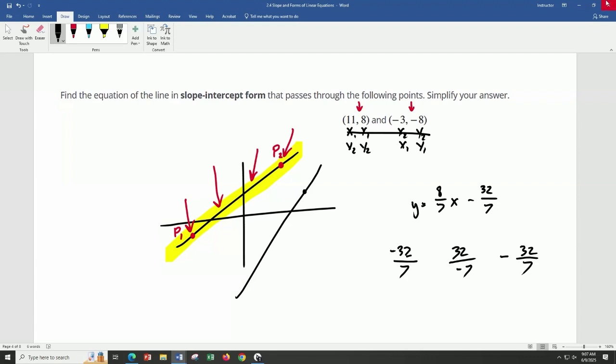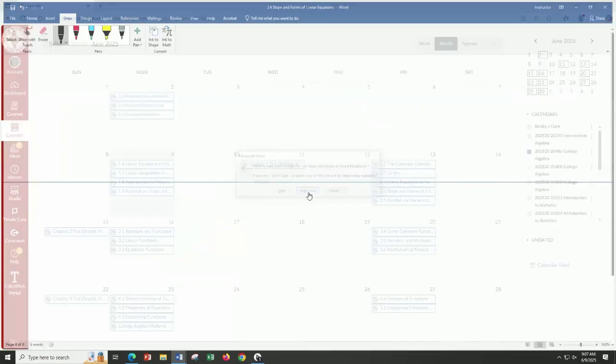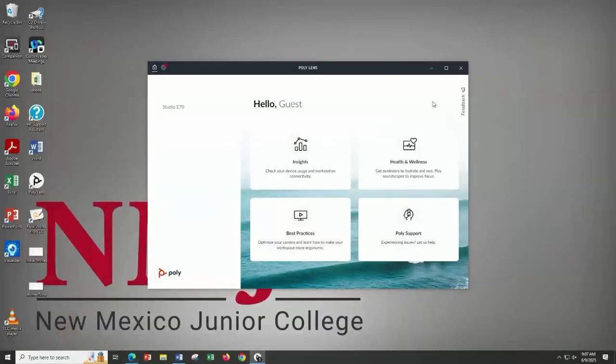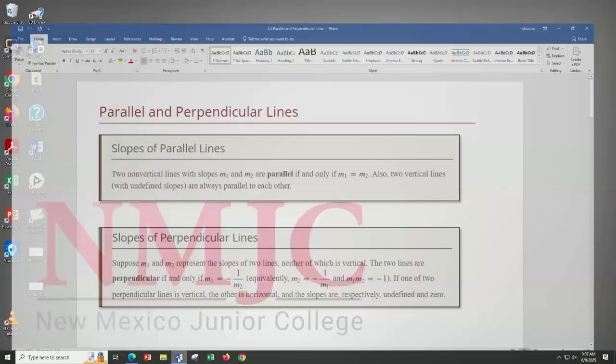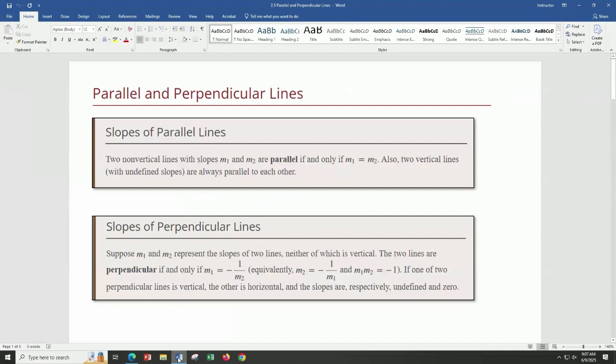Parallel and perpendicular lines. Slopes of parallels. Two non-vertical lines, because they can't be vertical, because if they're vertical, they would be up and down. They'd be undefined, right?